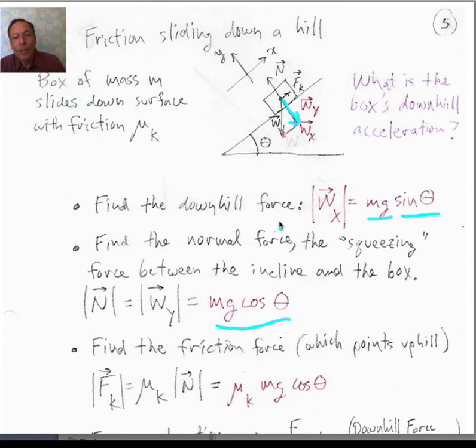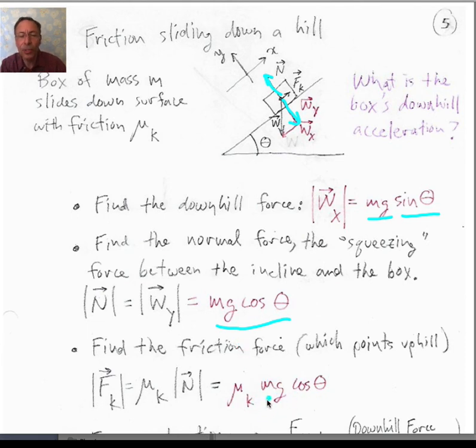Now that's important because the normal force, which cancels out the y component of the weight, that's the squeezing force between the two surfaces, right? Between the box and the hill surface. And so the y component of the force is used in figuring out the friction.